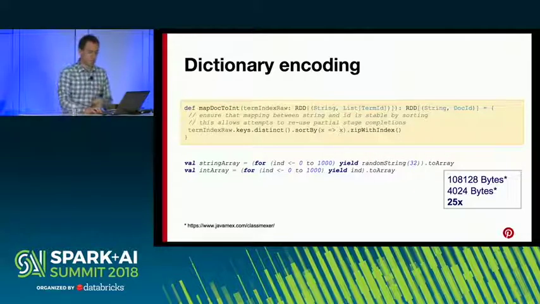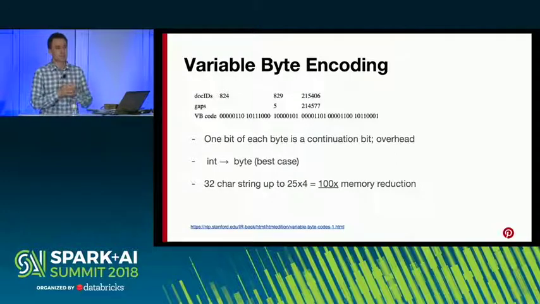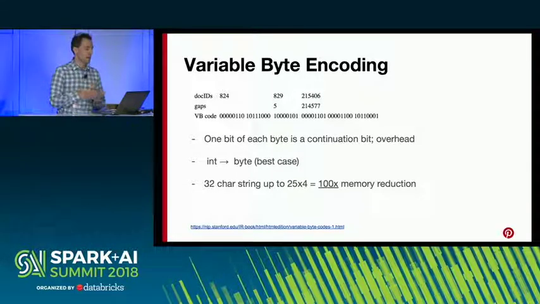So here's 25x here. Variable byte encoding, a classic technique for inverted index compression. Essentially, you don't actually have to have a specific order in your posting list. In fact, for some information retrieval tasks, you can have better performance if you sort everything.